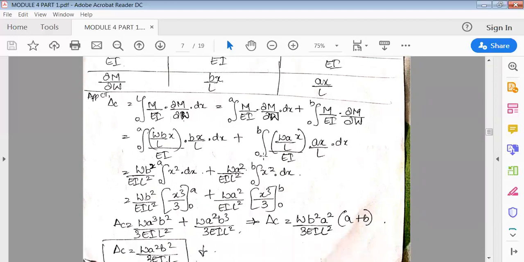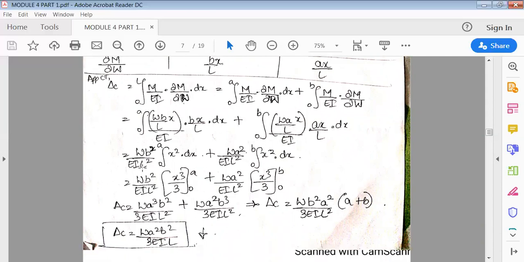Similarly, for 0 to b, moment WAx/L into Ax/L into dx. So this becomes WB²/(L²EI), EI being common, so take only the x terms: 0 to a, x² dx, and WA²/(EIL²), 0 to b, x² dx.